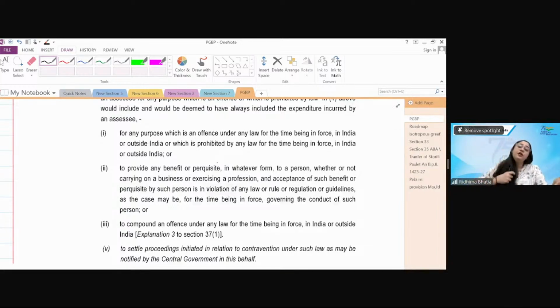Okay? But at the same time, the doctors receiving freebies have to show it as a business income because as per section 28, any perquisite received due to business is a business income. So make that clarity clear. Another example which comes, freebies, any samples, any free gifts, that is called freebies.